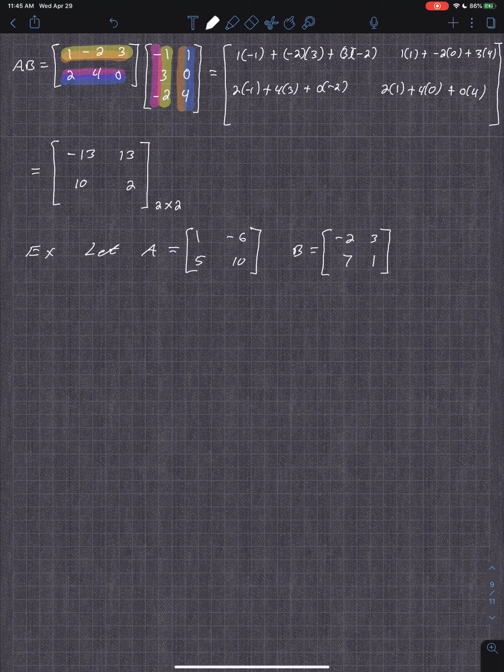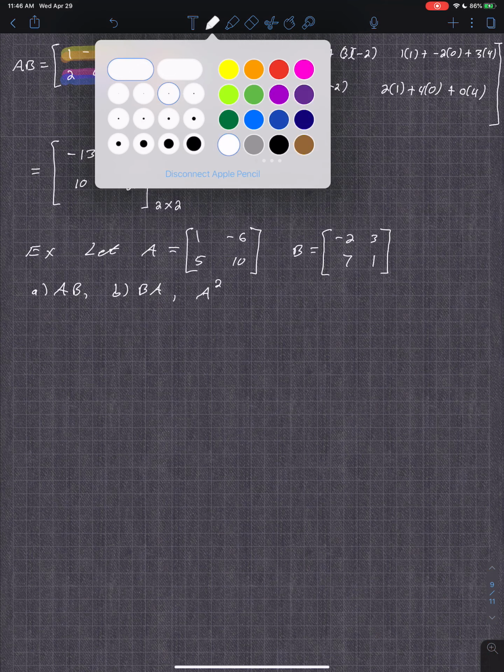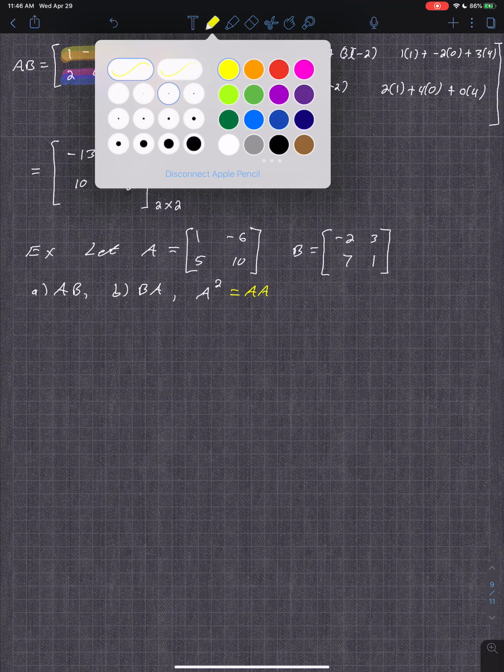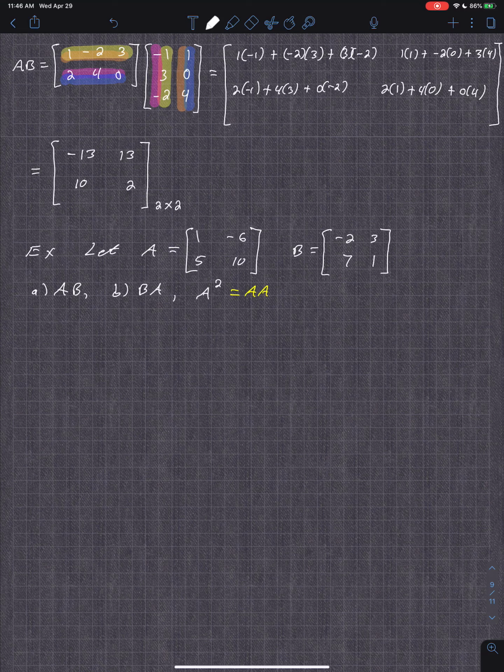Let's calculate A times B, B times A, and A squared. Just remember, A squared means A times A. So do that calculation. I'll have it written up next time, or in the notes.